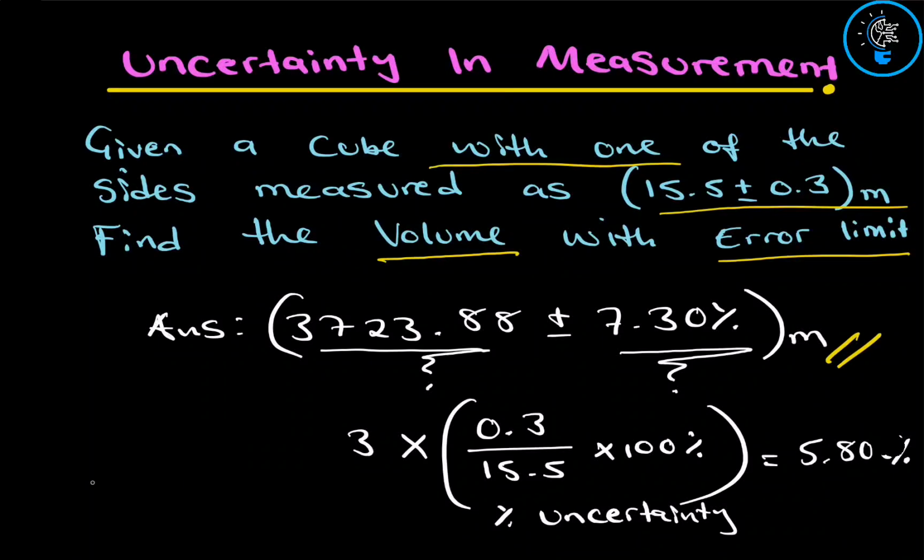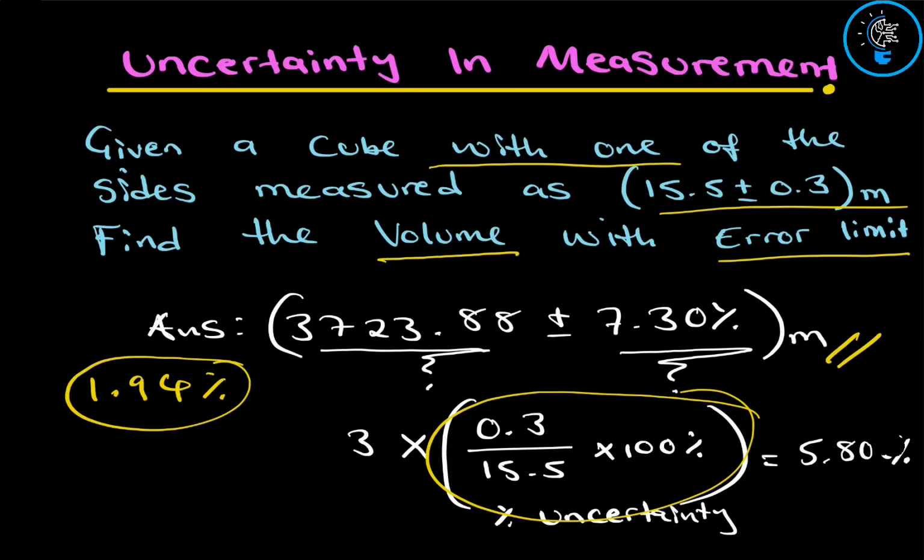To find the percentage uncertainty, this part, it's given a 1.94%. I don't know whether that's the value you calculated. Yeah, so that's the value it's given. So now we are going to use this one for each side.